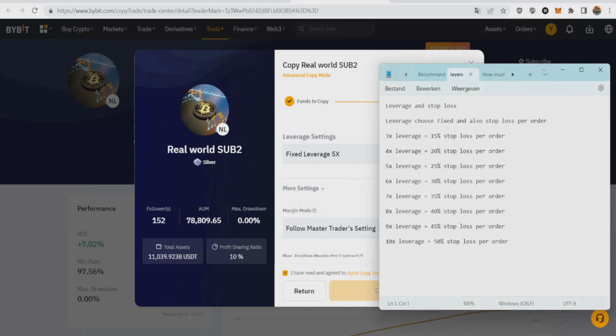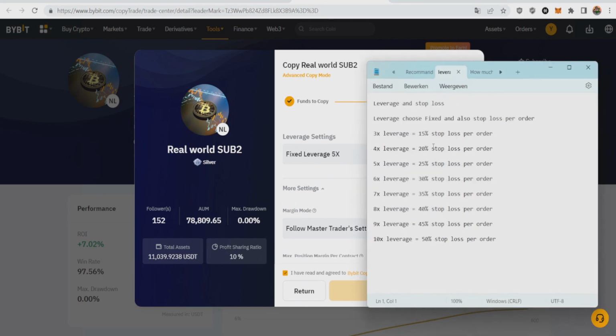So what are my tips here? I would recommend anything between 3x leverage and 10x, with 10x being dangerous, but if it works for you, you can make a lot of profits, and 3x being the steady thing that you have to do. My rule of thumb is for every 1x leverage, a 5% stop loss per order.